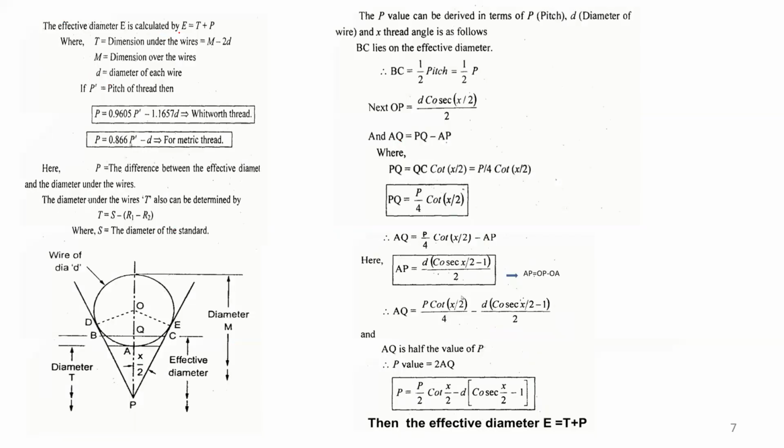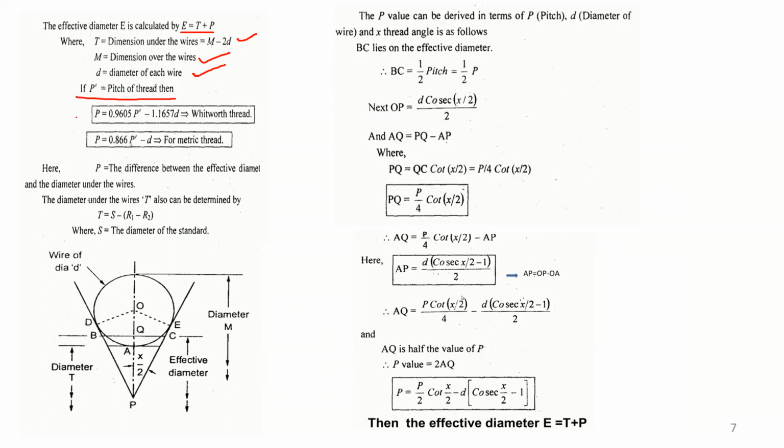So the effective diameter is calculated as E equals T plus P, where T is the dimension under the wires, that is M minus 2d, M is the dimension over the wires, d is the diameter of each wire, and P is the pitch.